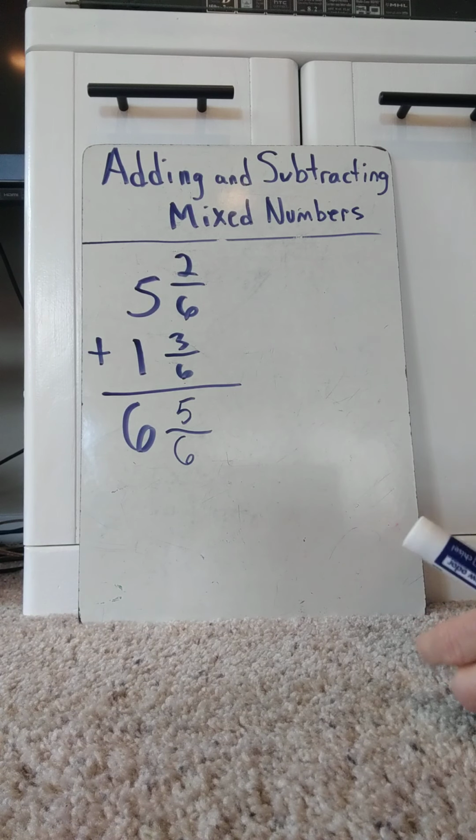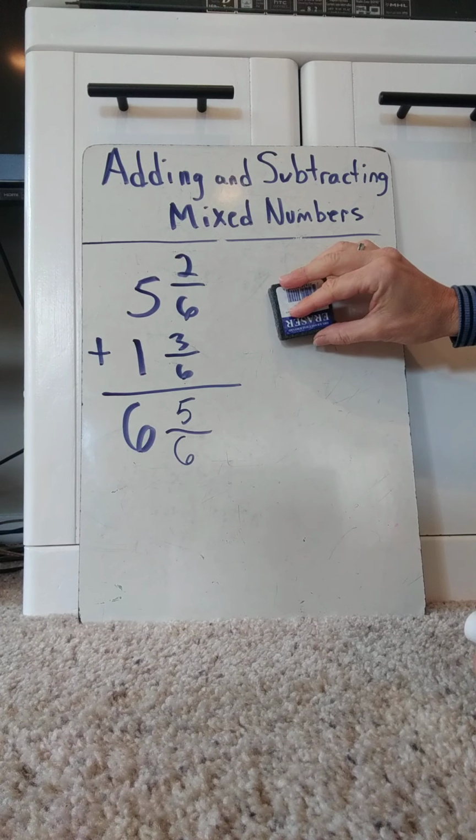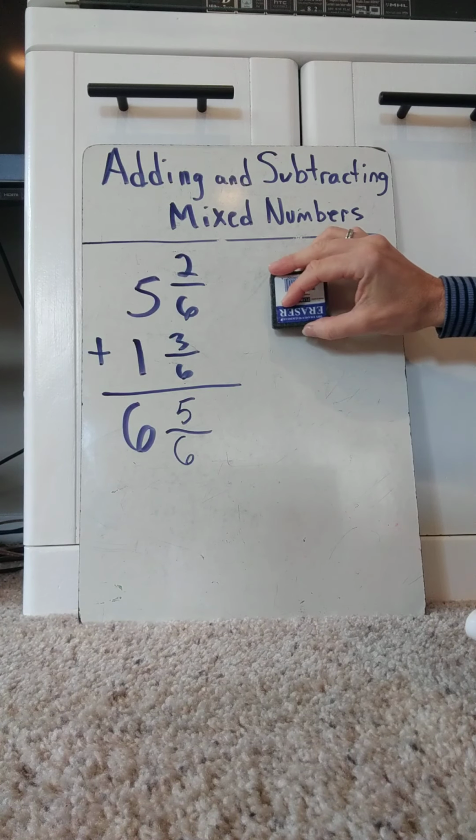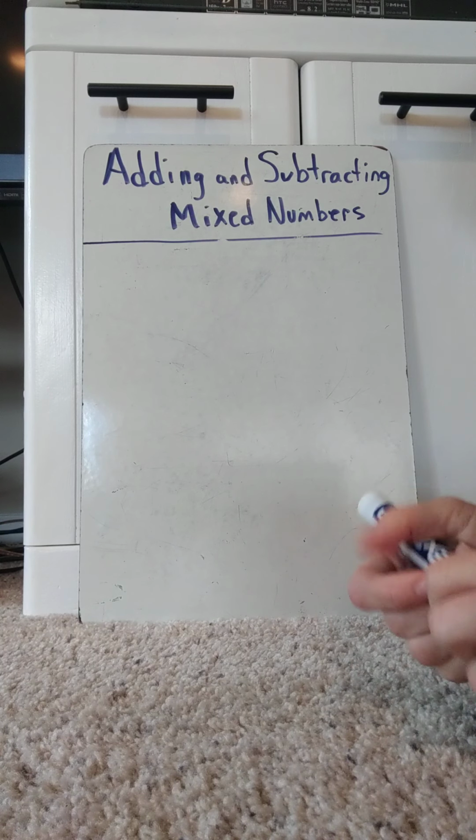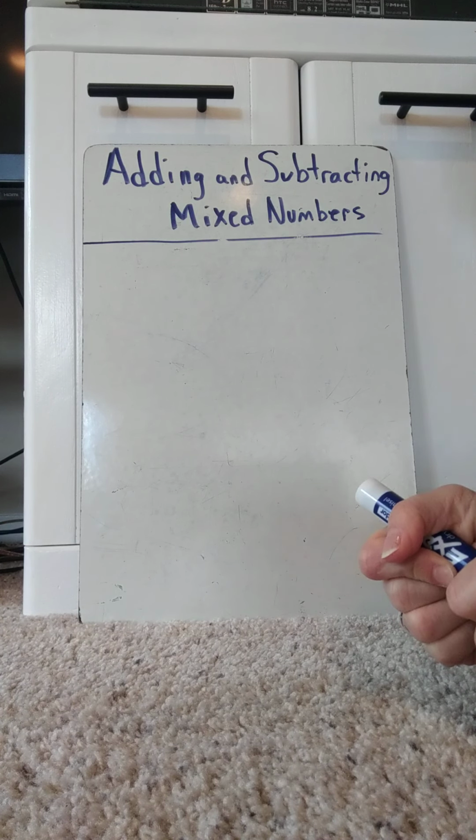Okay, so now I'm going to show you an addition problem that is a little bit more difficult. These are the kind of problems that you're going to see on today's quick check. So here is an example.